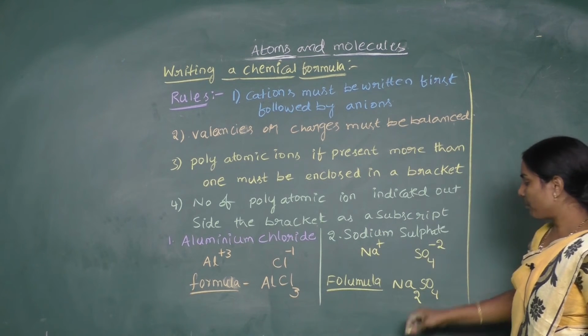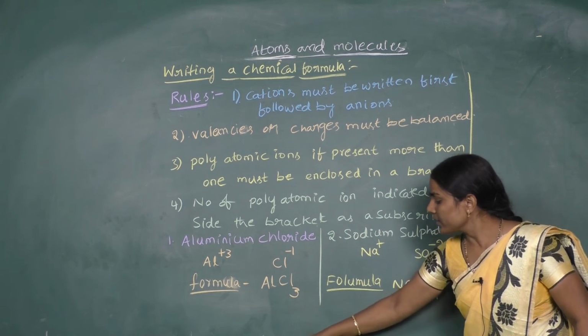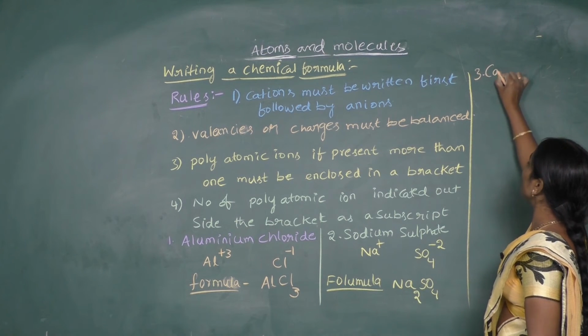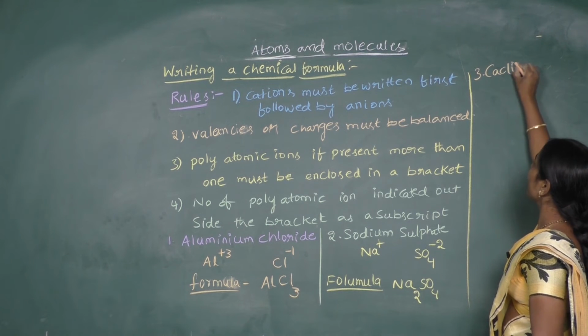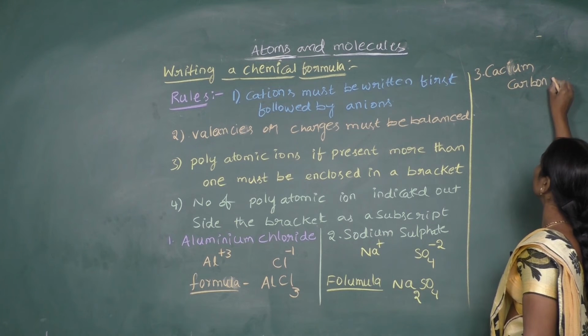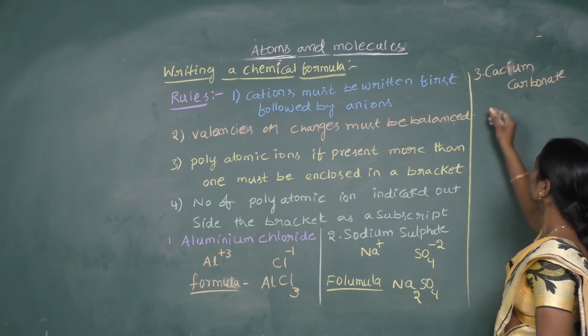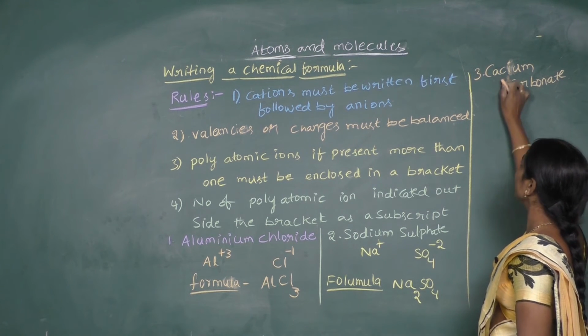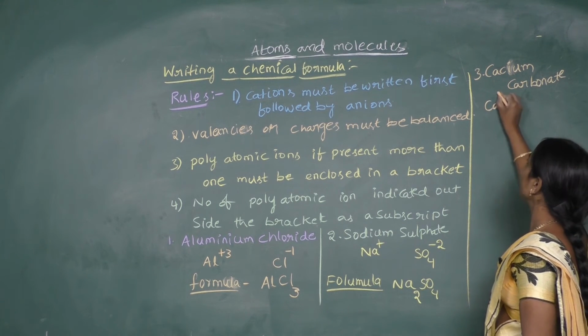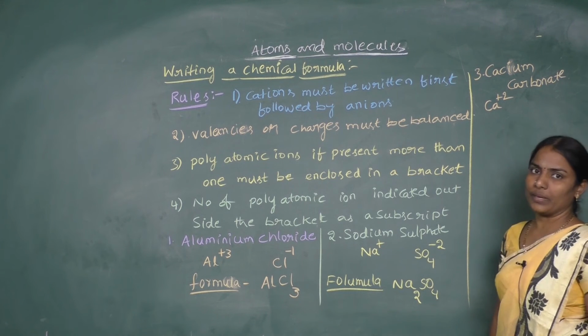Now similarly, we'll take another compound. The third compound we are taking is calcium carbonate. In this, the positive ion is Ca and its valency is +2.